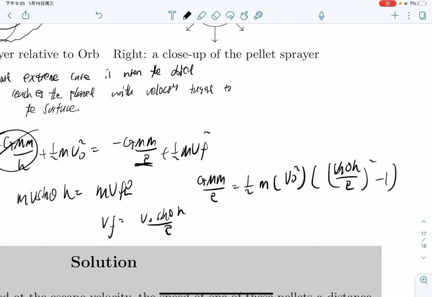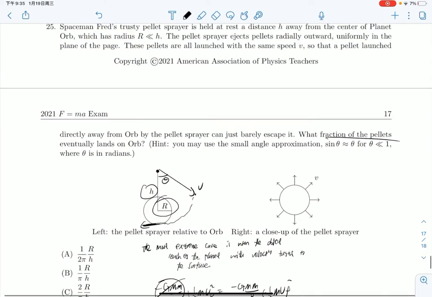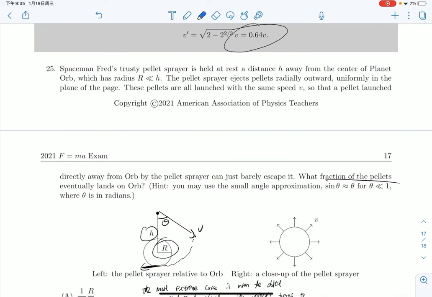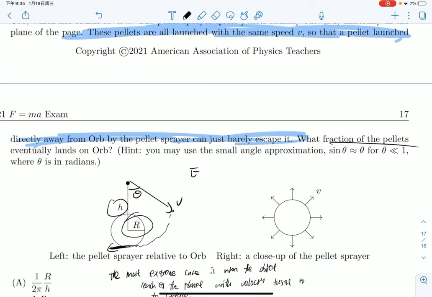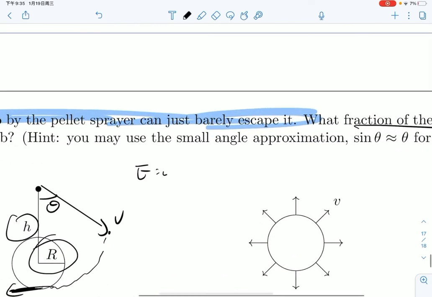And from the condition, these pellets are launched with the same speed, so the pellet launched directly away from the orb just barely escapes it. So that means the total energy of the orb is equal to 0, which means that negative G big M small m over h plus 1/2 m v0 squared is equal to 0.